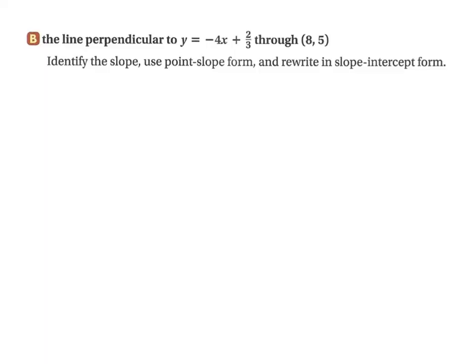And our last example is a perpendicular. This tends to be the one that most kids really struggle with. But if we do it the same way, we write down old slope and new slope. That'll get us halfway there, all right? So we look at this and say, okay, is that in y equals mx plus b? We say yes, so we write down -4.